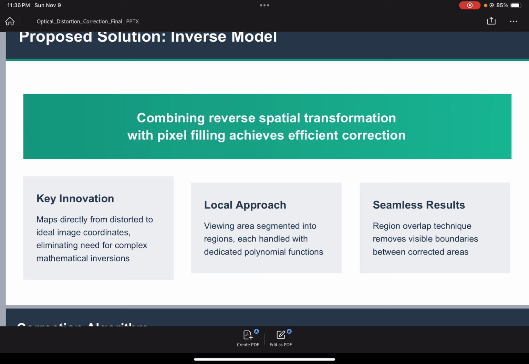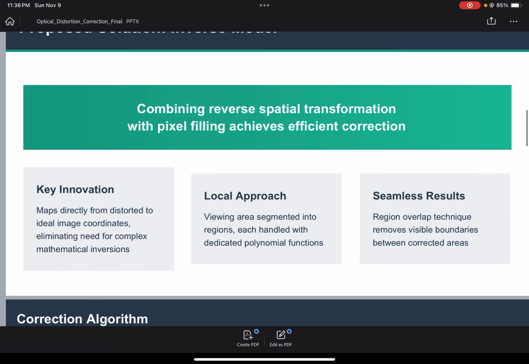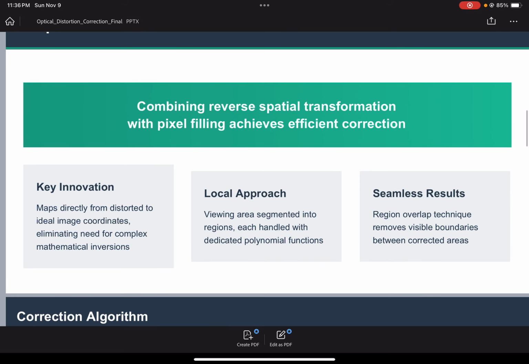This is crucial because distortion varies significantly across the field of view. And finally, they use a region overlap technique by making adjacent zones slightly overlap and blending the corrections in the overlap areas. They eliminate the visible boundaries between corrected regions, resulting in a seamless final image.